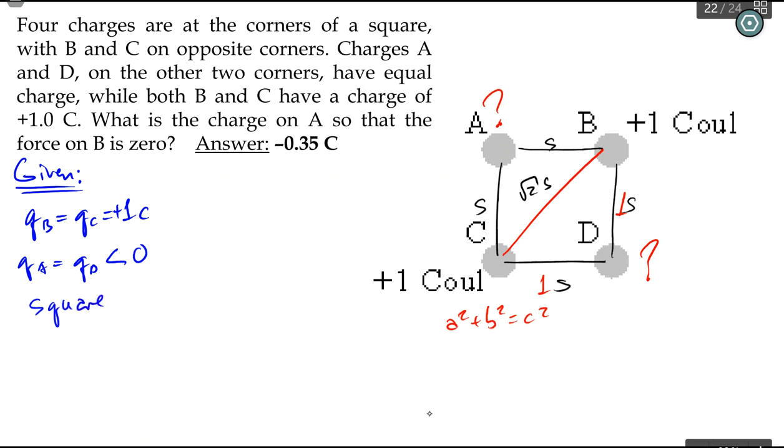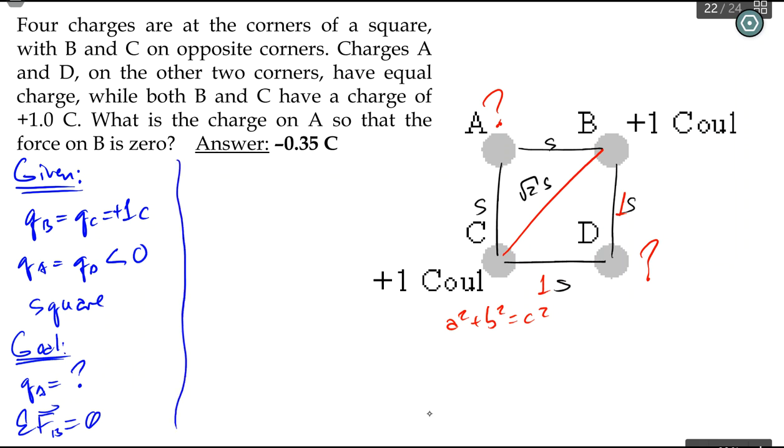And our goal is to find what is QA such that all the forces on charge B equal 0. The formulas that we'll need are a combination of something from Physics 1 and Physics 2, this chapter in particular. We'll need from this chapter Coulomb's law.